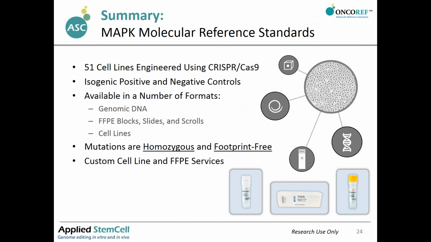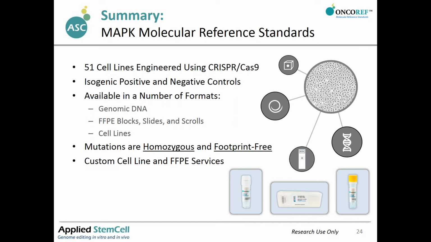Just to summarize what we've talked about today, I introduced you to some of the MAPK reference standards that we offer at Applied Stem Cell, which includes 51 different cell lines within the MAPK pathway. These cell lines are offered as isogenic positive and negative controls for both screening applications as cell lines, as well as reference materials for assay development.